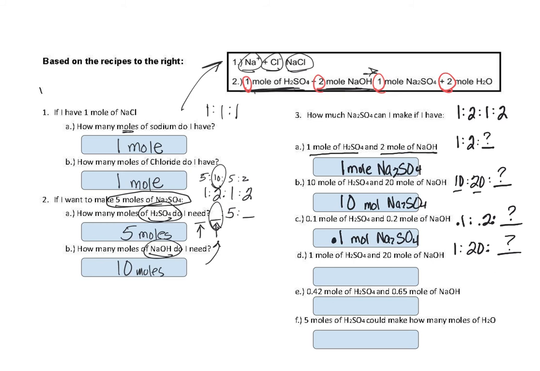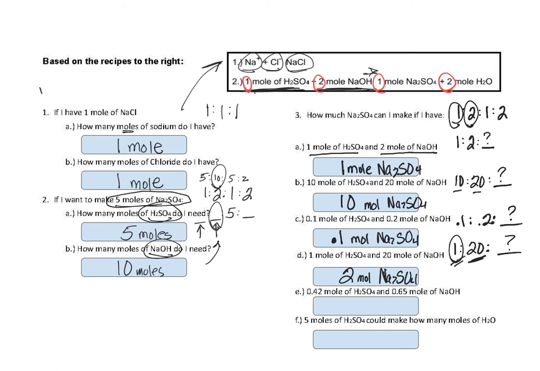Okay, now we have to look back at the original recipe again. It's a 1 to 2. So even though I have 20, I only have 1 mole of the sulfuric acid, which limits how much I can make. So I can only make 2 moles of the sodium sulfate.